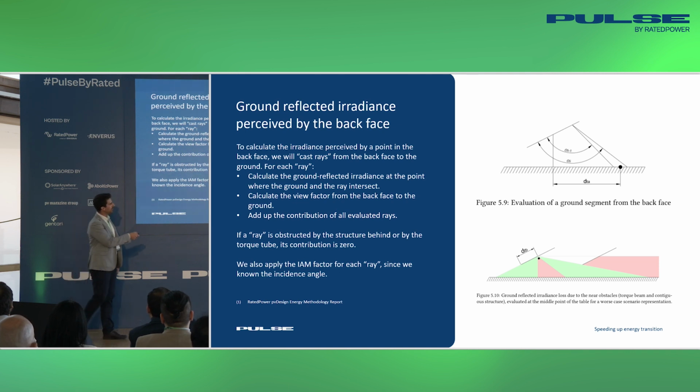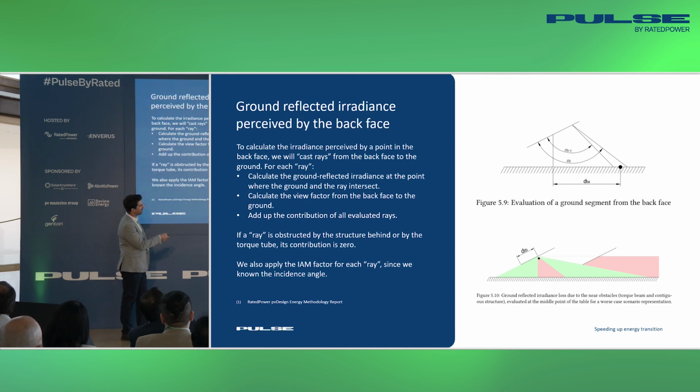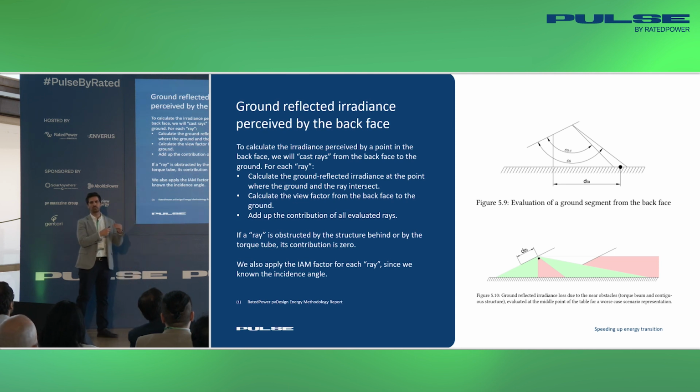Finally, you will notice that we are only getting contribution from the ground, and we are not getting any contribution from the structures. We are neglecting reflections coming from the structures behind. The reason why we do that is, first, it's very hard to model how much reflection there's going to be from the modules behind.